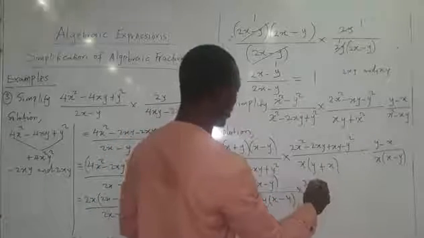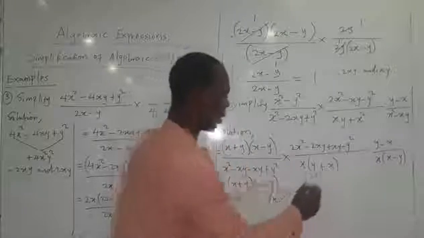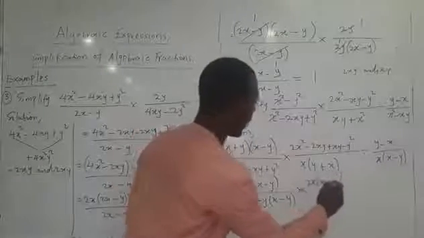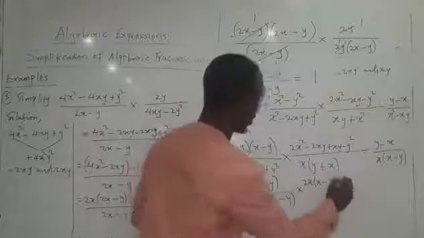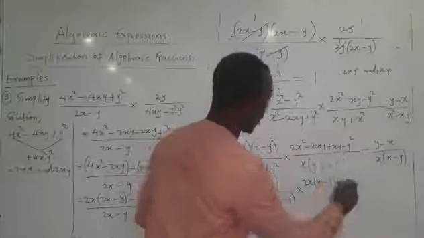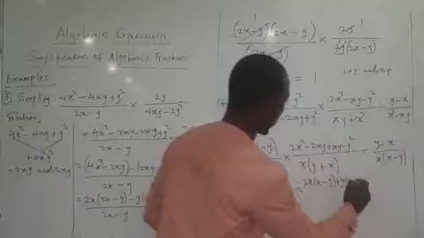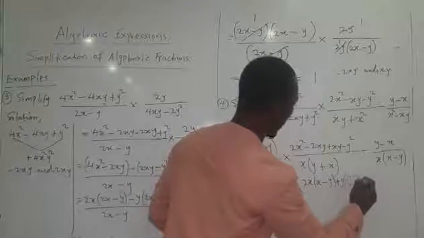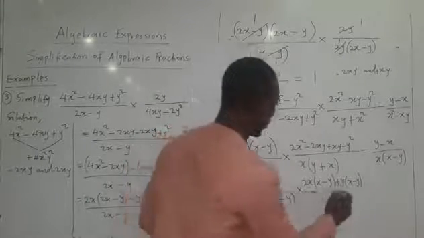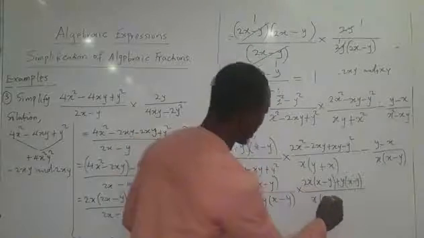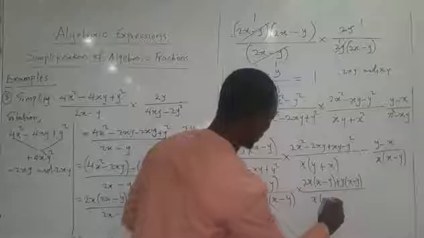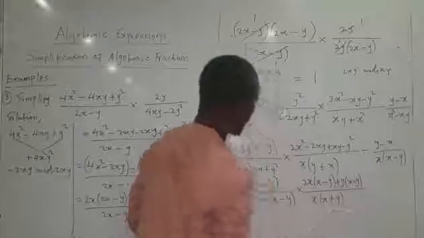So we have 2x into x minus 2x and 2xy, that is ordinary y. Then plus common factor here is y into x minus y. Then we now have all over x into y plus x, and x plus y, they are the same. So let's rewrite it as x plus y.